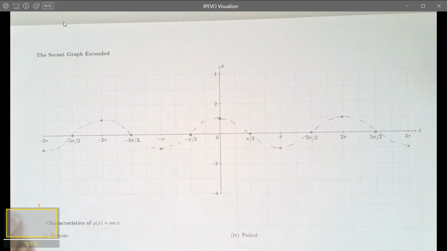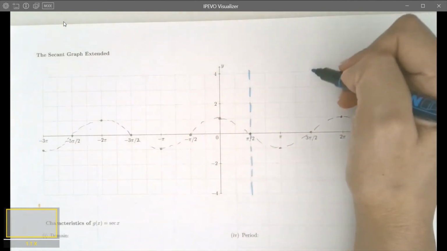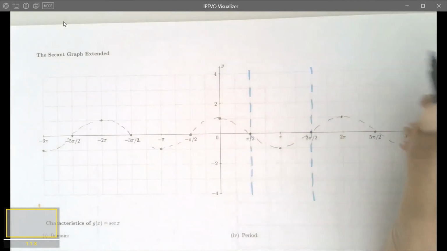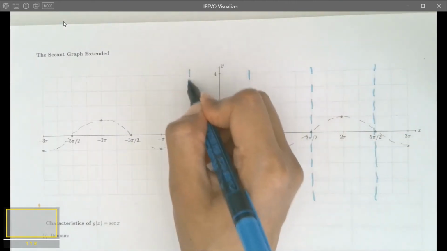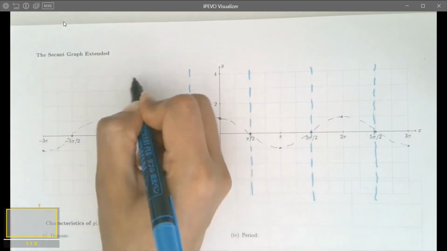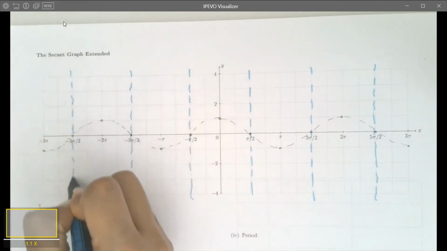The next step is to draw asymptotes wherever we have zeros for cosine. So we have a 0 at pi over 2, 3 pi over 2, 5 pi over 2, negative pi over 2, negative 3 pi over 2, and negative 5 pi over 2.